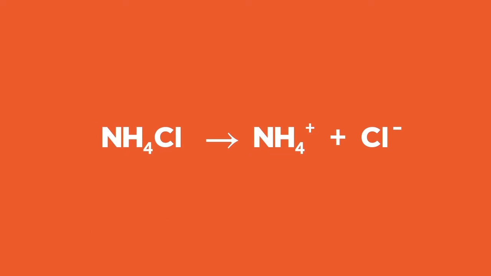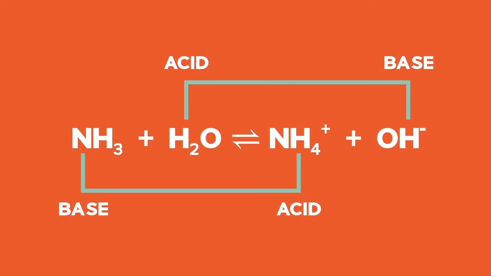When ammonium chloride dissolves in water, it breaks into its ions, the ammonium ion NH4+ and the chloride ion Cl-. It is the ion from the weaker substance which reacts with water. In this case, it is the ammonium ion that reacts with water because ammonium hydroxide is a weak base.